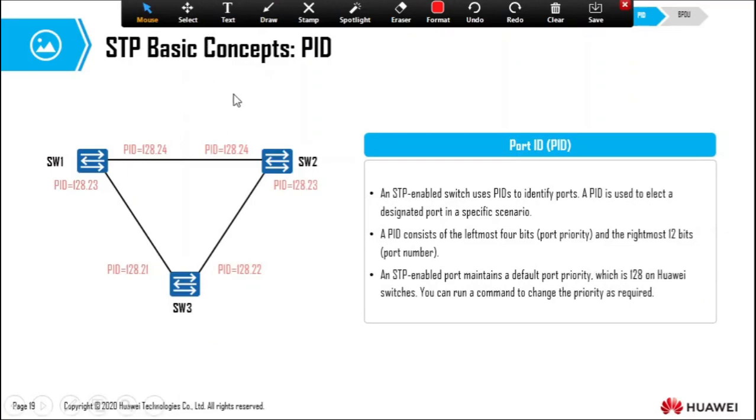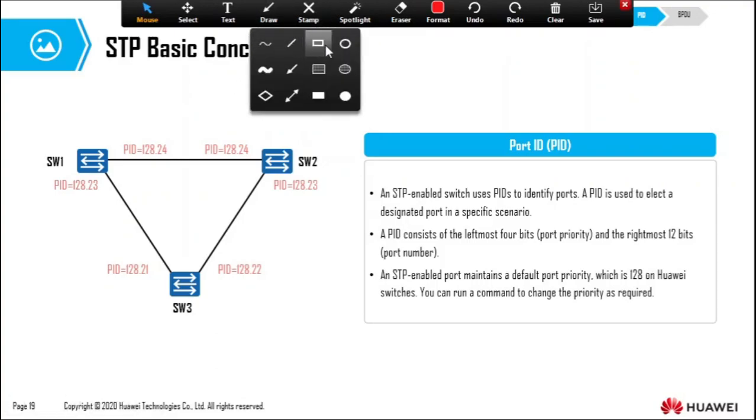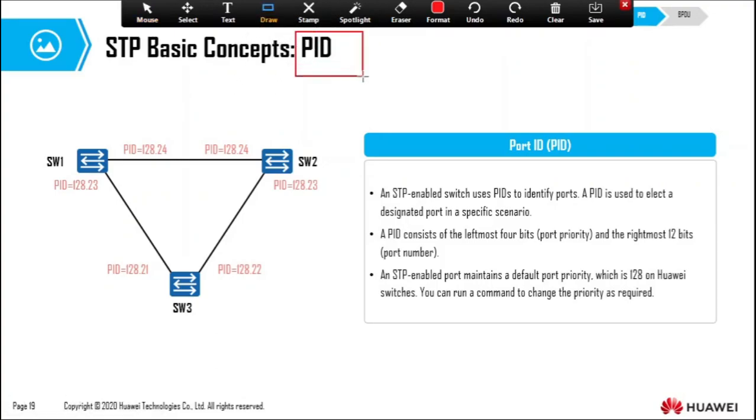Okay, so we also have what we call the port ID. Port ID is easy. The port ID is made up of two parts. The first part is called the port priority. Then the second part is the port number.